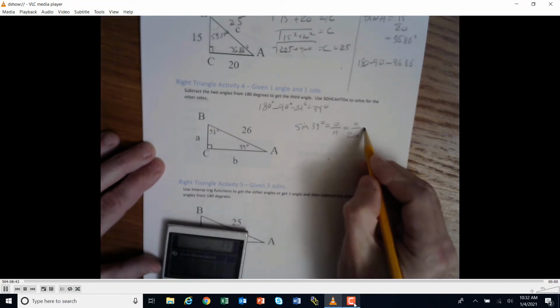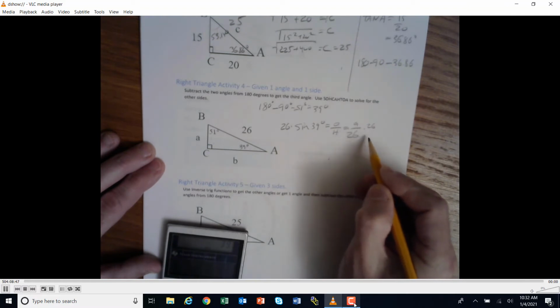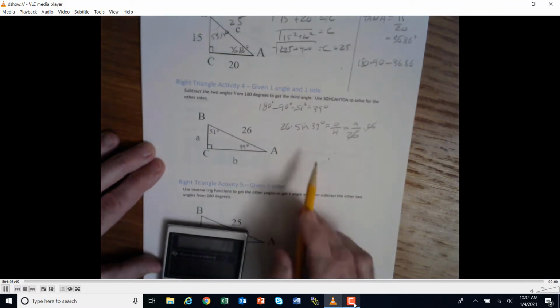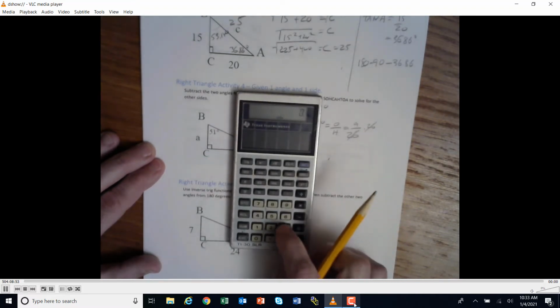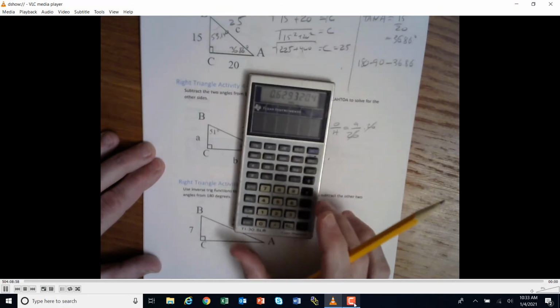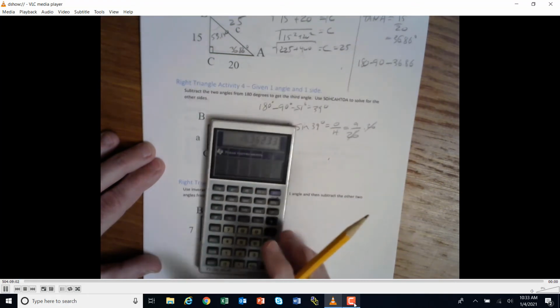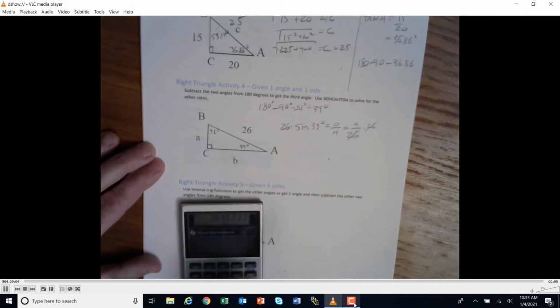So we need to multiply both sides by 26 in order to get rid of it. So we got sine of 39 times 26, and that's my A, 16.36.